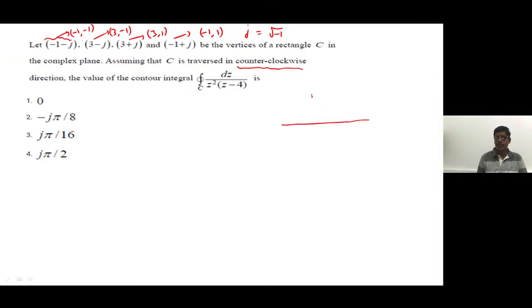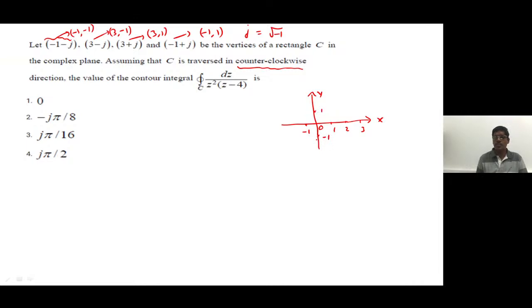This is the x-axis, this is the y-axis. So x values minimum minus 1, maximum 3. So let us take this is minus 1, 0, 1, 2, this is 3. And y values, that is the second position, minus 1 minimum, maximum 1. So this is minus 1 and this is 1.